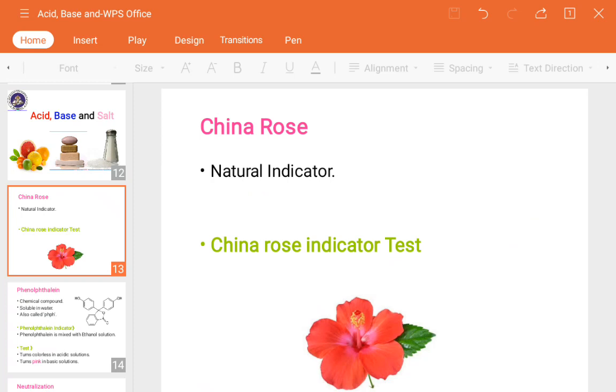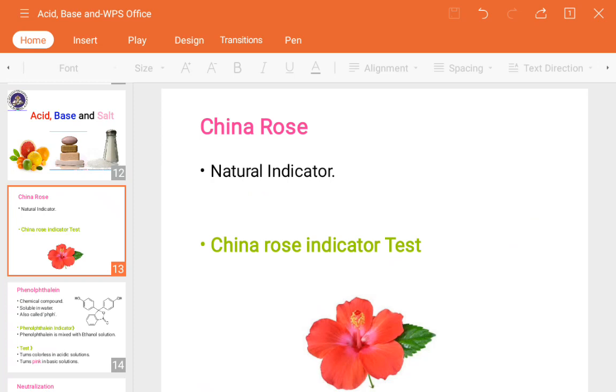So in the China rose indicator test, we will see how it's a natural indicator and how we can prepare it. Take some petals of China rose. Then we have to warm it, just instead of boiling, give some warmth on a burner, then keep it to cool down for a few minutes.